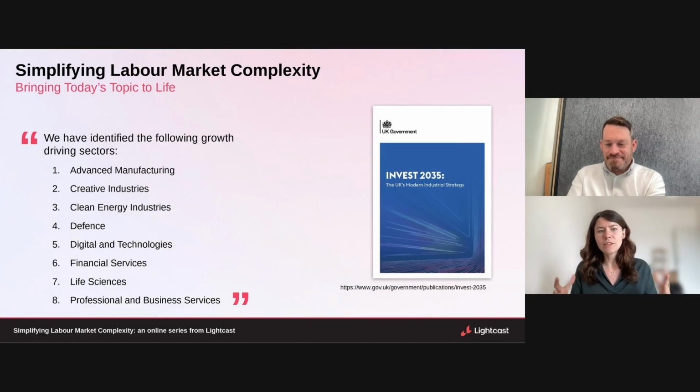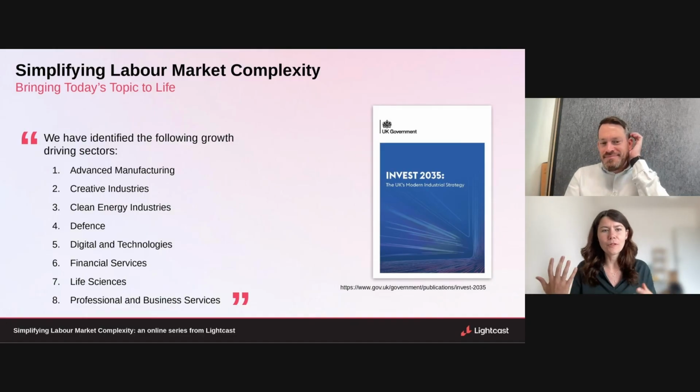All these types of questions, when it comes to sectors like this, are not very clear-cut to answer, in the sense that a lot of these sectors don't nicely fit with the classifications that the Office for National Statistics has. If you spend a lot of time in this space, you would hear about SIC and SOC. These are the standard official classifications for occupations and industries.